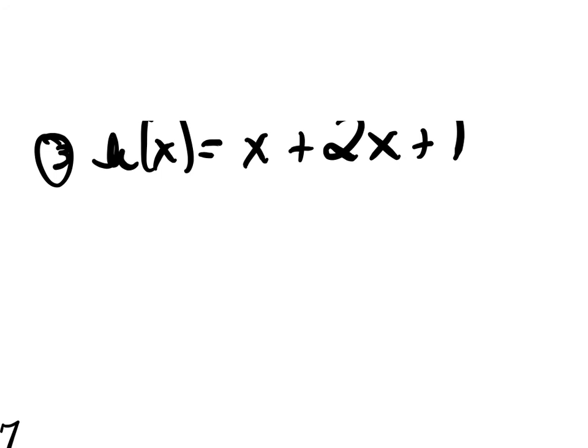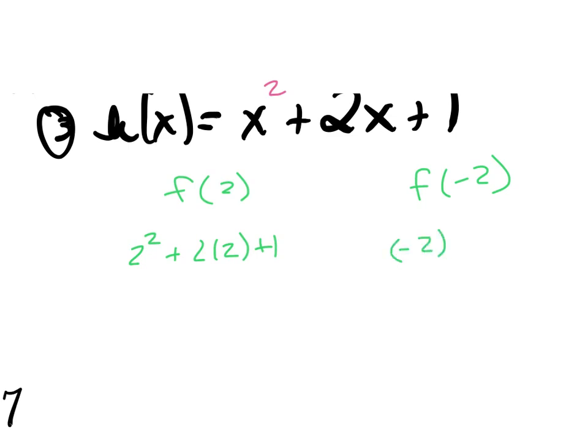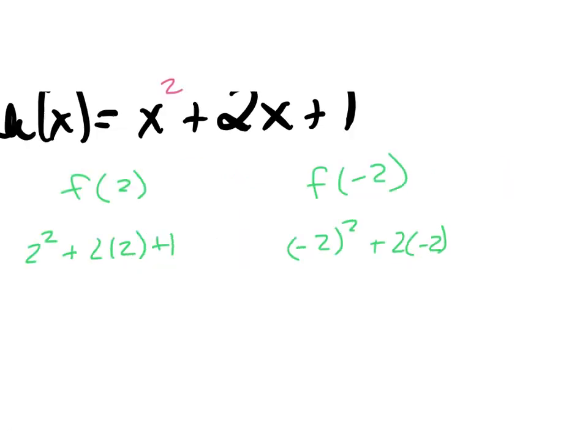For here, the number 3, this is supposed to be x squared plus 2x plus 1. It kind of got cut off on the last page. But again, we're going to plug in 2 and negative 2 and see what we get. So we have 2 squared plus 2 times 2 plus 1. And then we plug in negative 2, we have negative 2 squared plus 2 times negative 2 plus 1.